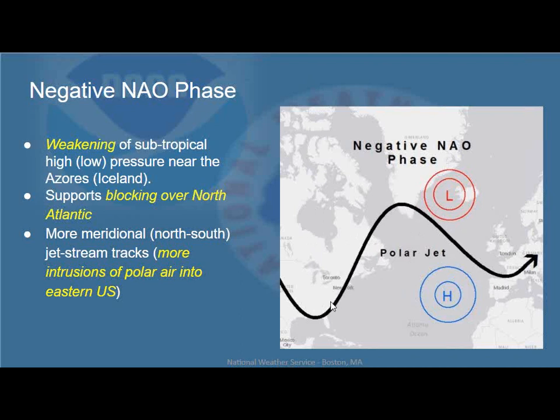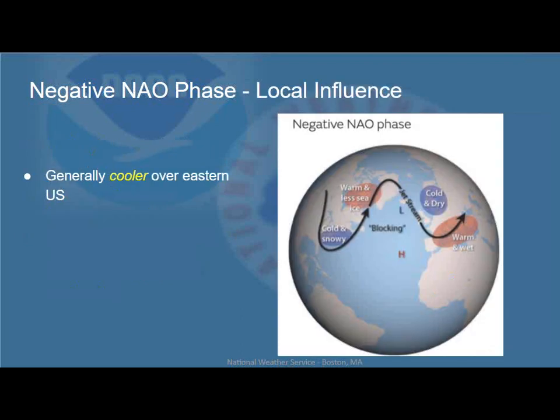And in this case, you would have more residence time, and under the right conditions, you have more time for precipitation, and that makes snowier storms more possible, especially when it coincides with more frequent intrusion of colder air from northern Canada into the eastern US. And locally, again, it means cooler conditions for the eastern US.